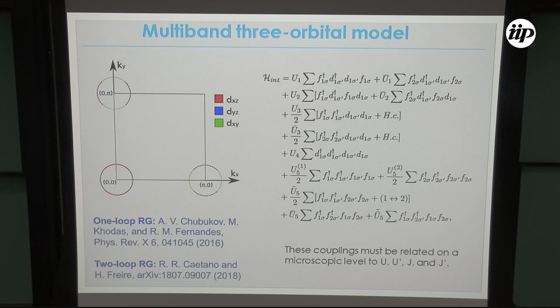This model was first proposed by Chubukov, Kotas, and Fernandes in 2016, where they used a one-loop RG calculation. And here we are going to use a two-loop RG. These couplings must be related on a microscopic level, of course, to the on-site Hubbard U, and J here is the Hund's coupling.